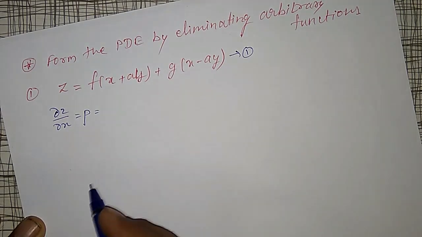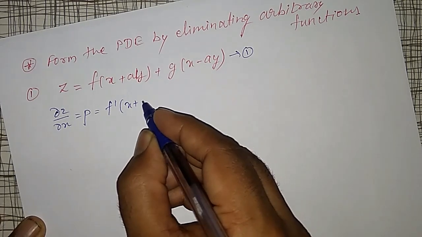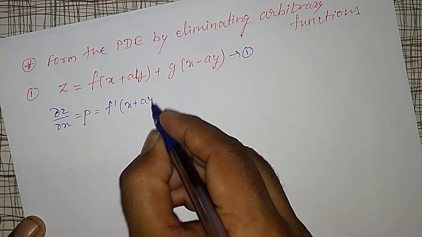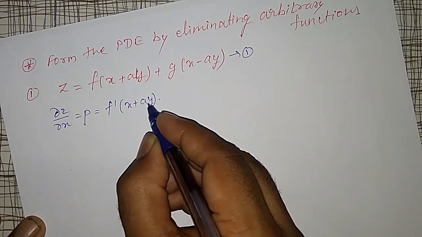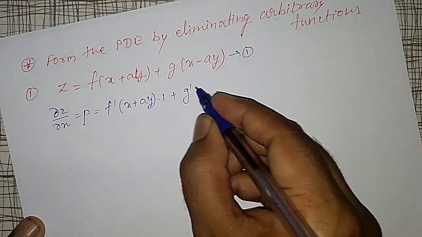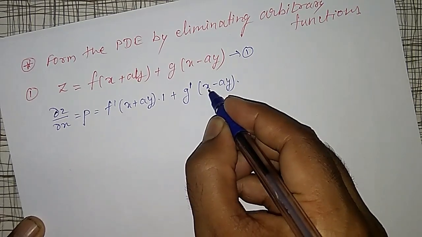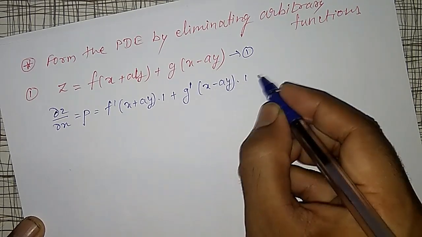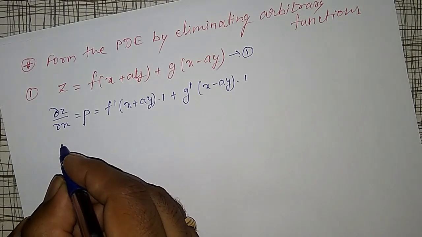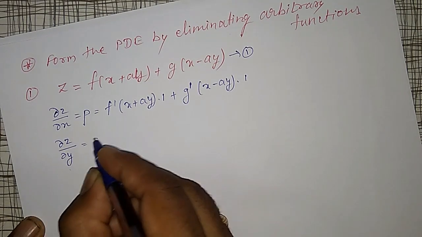If you are differentiating partially with respect to x, it will become f dash of x plus ay into the differentiation of x plus ay, which is 1, plus g dash of x minus ay into the partial derivative of x minus ay, which is again 1. And next, differentiating with respect to y, dou z by dou y equal to q.